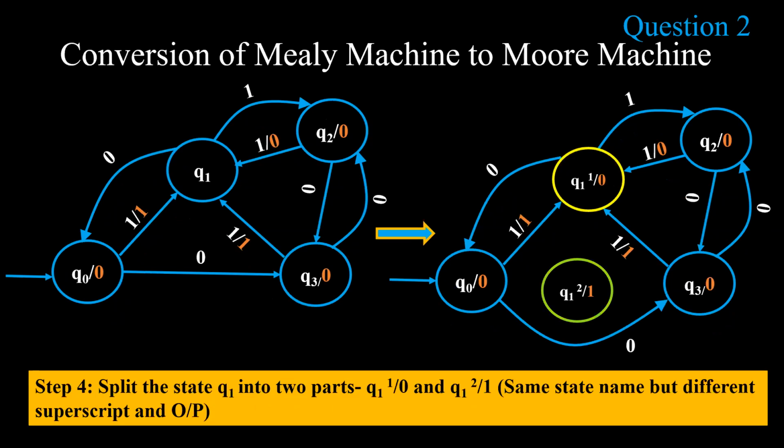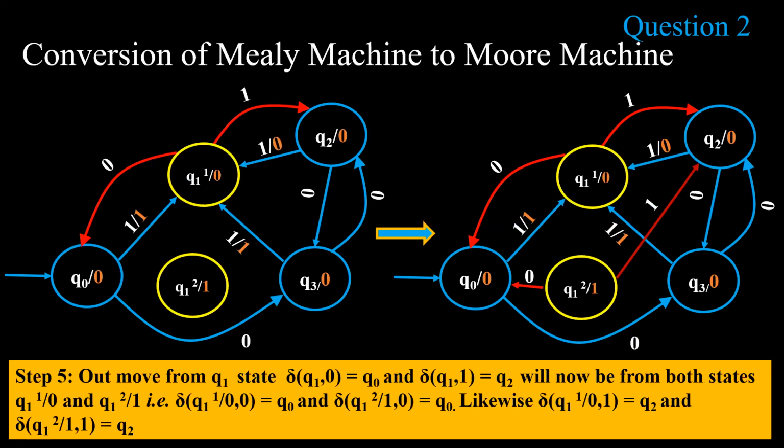After we split this into 2 parts, we will take into consideration the out moves of the initial Q1 state. In the initial Q1 state, there were 2 out moves. One was Q1 to Q0 on 0, another was Q1 to Q2 on 1.